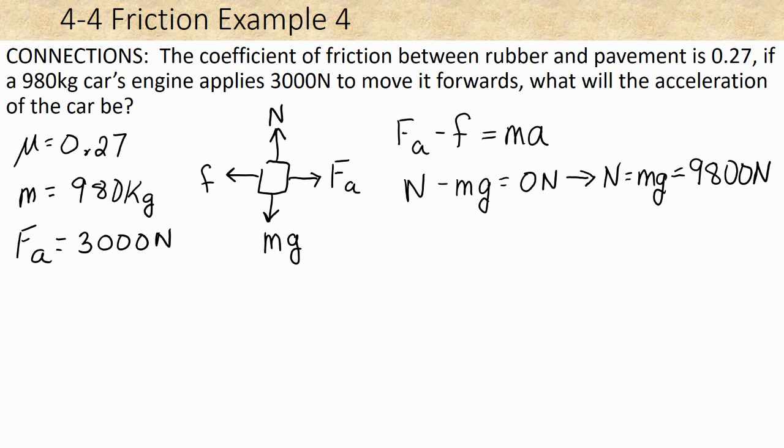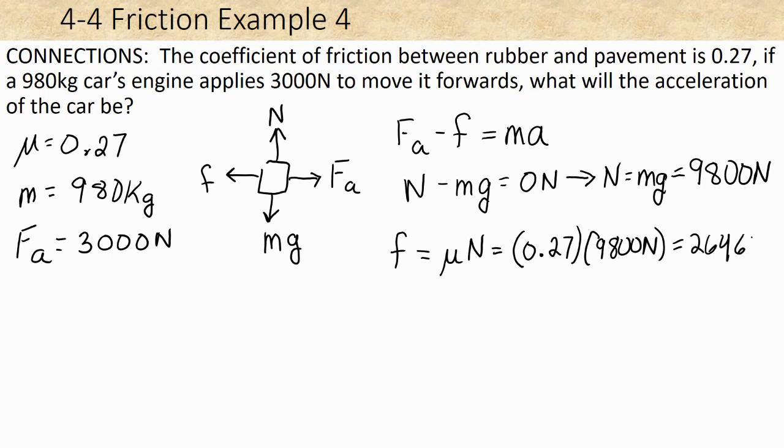Now, 9,800 newtons of normal force will allow us to get the friction. 0.27 times 9,800 newtons, plug and chug. 2,646 newtons of friction.